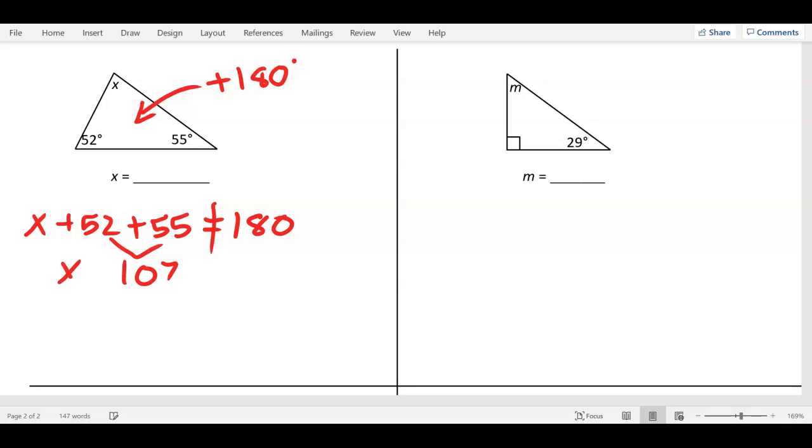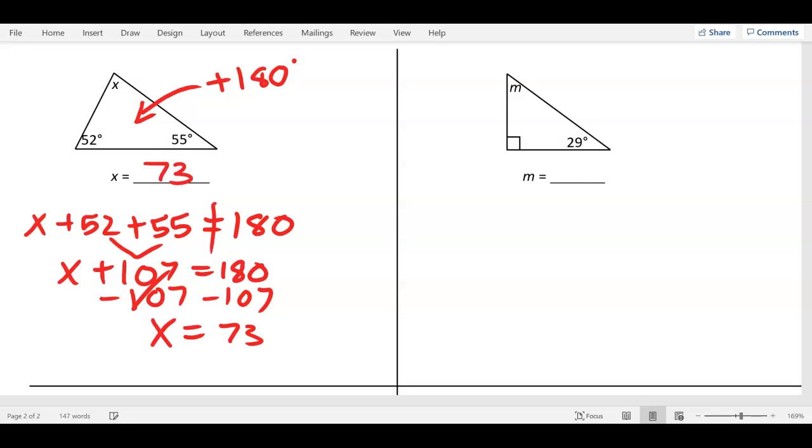Bring down x plus, bring down equals 180. Last step, to get rid of the 107 on the side of x, the loner. How do I get rid of a positive 107? Subtraction, very good. So minus 107 gives me 180 minus 107 is 73 degrees.